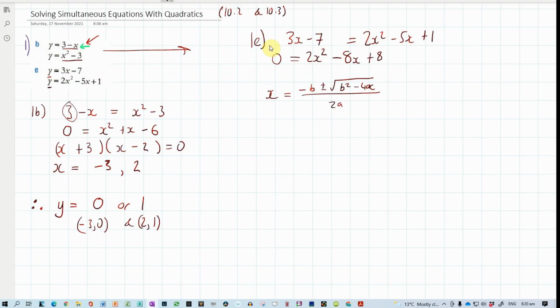You could use that, and if you type that into your calculator, you'll get the two values of x, should you need to. But we can actually factorize this one, can't we? So what are we going to get for this? It looks to me like it's just 2x minus 4, hang on, no, minus 2.